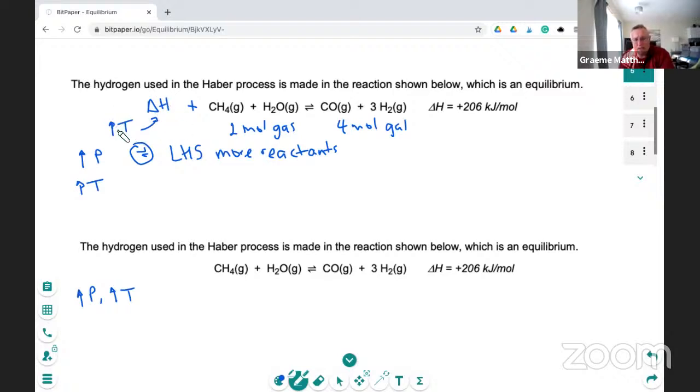I think of temperature as a reactant, therefore my enthalpy is going to move over to the right-hand side. So increase temperature, my equilibrium position moves over to the right-hand side, because it's like I'm pushing up on the enthalpy symbol and everything slides over to the right. So on the right-hand side, I'm making more product.